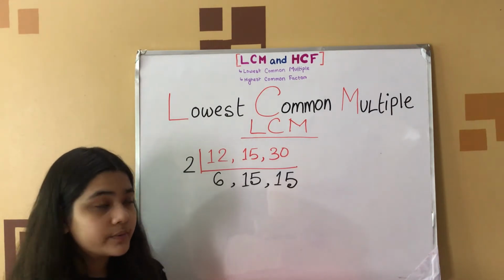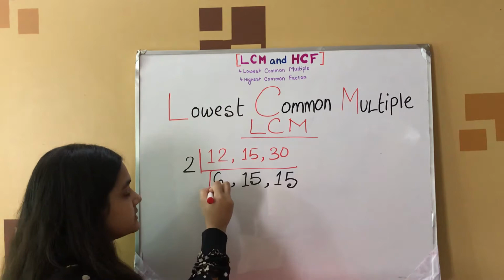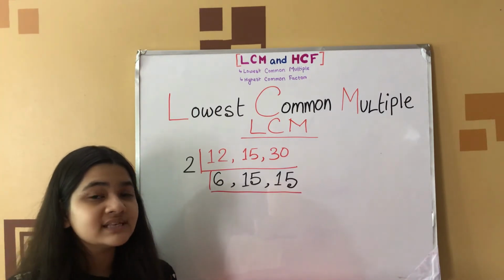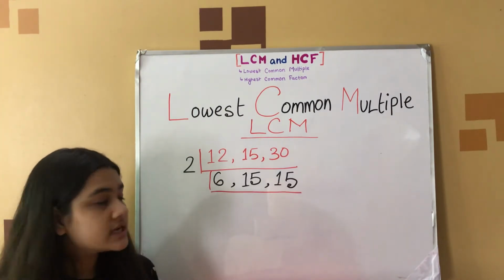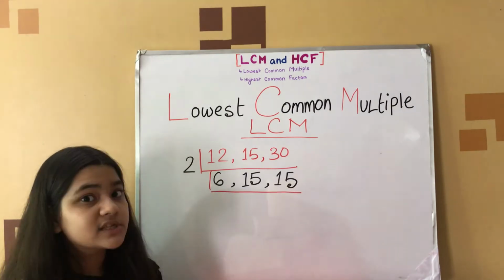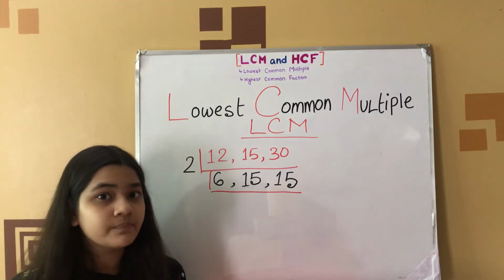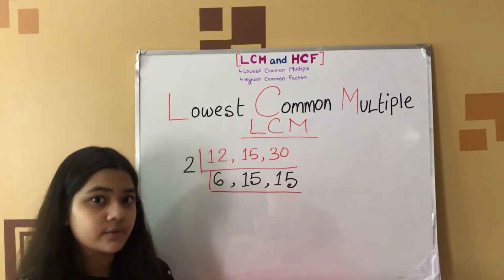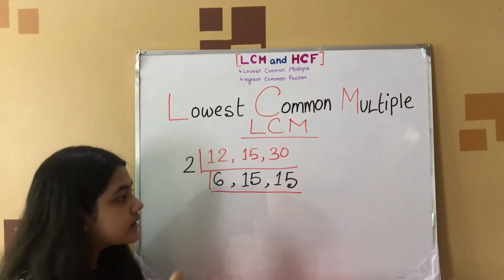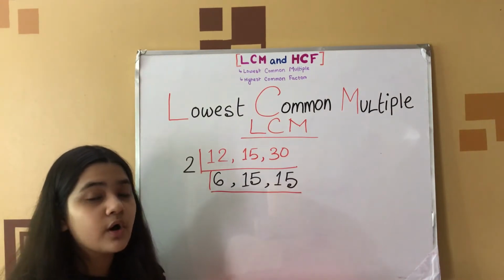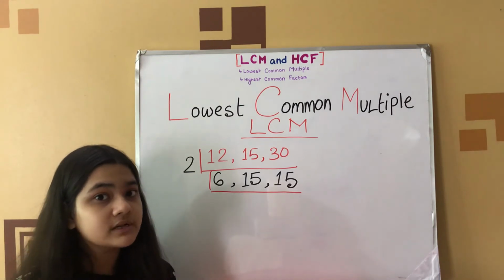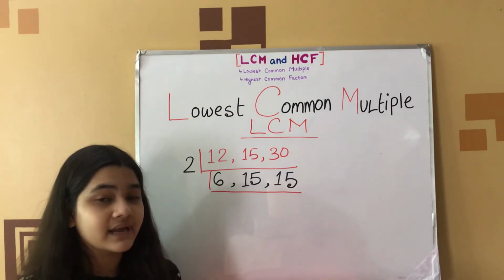So we are going to find the smallest number which can divide these 3 or any 2 without leaving a remainder. We'll start from 2. Can 2 divide any 2 of the following numbers without leaving a remainder? No, it cannot.